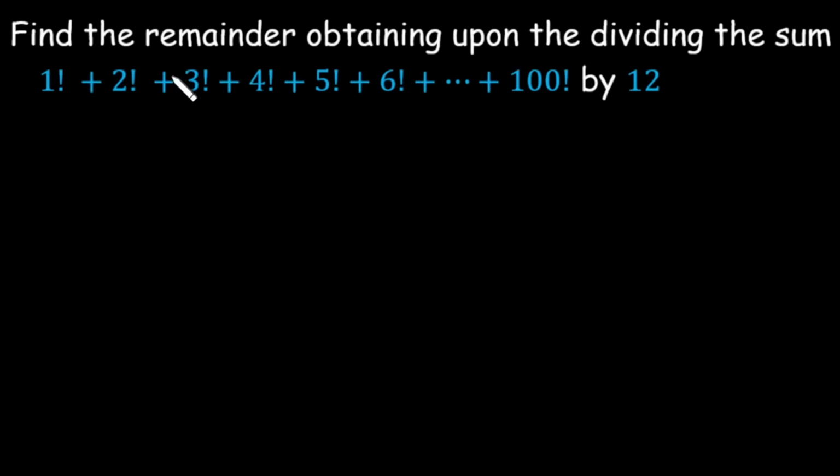Let's take this example. Find the remainder obtained by dividing this sum by 12. Now we have factorials here. Do not worry, this is a very easy question.